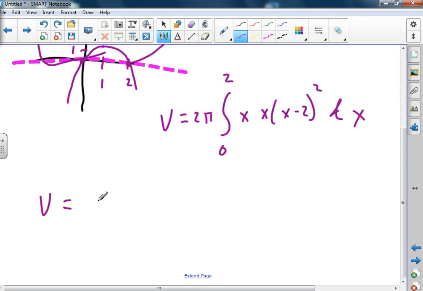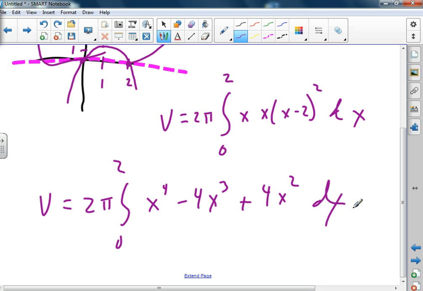V is equal to 2 pi integral 0 to 2. I've got x to the 4th minus 4x cubed plus 4x squared dx.